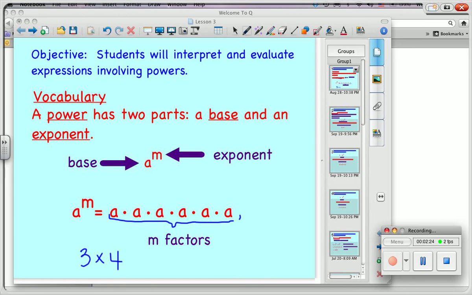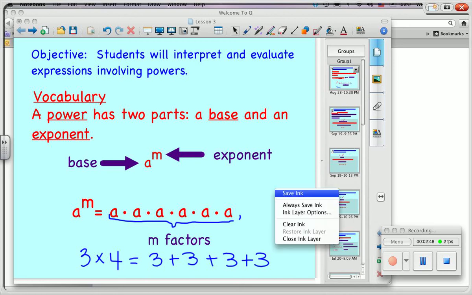So what this means is 3 plus 3 plus 3 plus 3, right? I'm sure that's how you all learned about multiplication, was repeated addition. Well, exponents are the same thing. Repeated multiplication, though, not addition, repeated multiplication, okay? So make sure you all have this down. Let's go to the next screen.